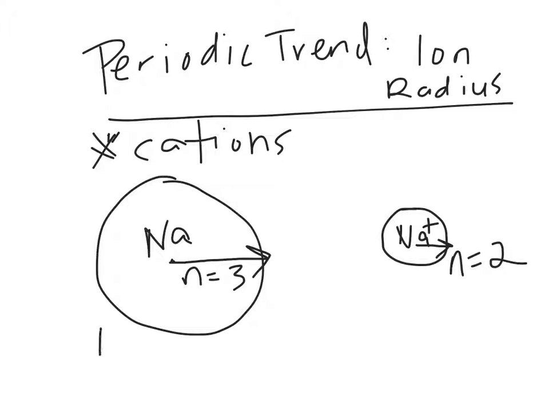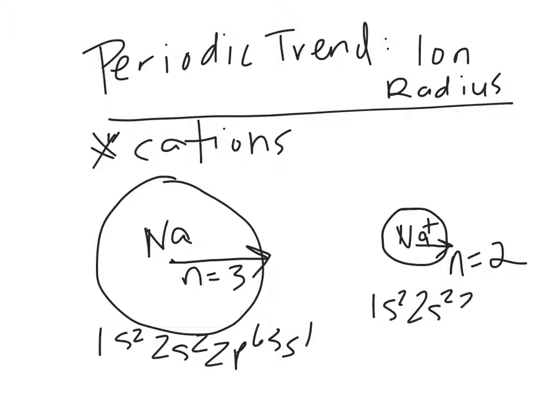So we've gone from 1s2, 2s2, 2p6, 3s1 to an electron configuration of 1s2, 2s2, 2p6. That 3s1 electron, we can just write 3s0, is gone now. So since energy level 3 is no longer occupied by any electrons, our cation is smaller than the parent atom of sodium that it was made from.